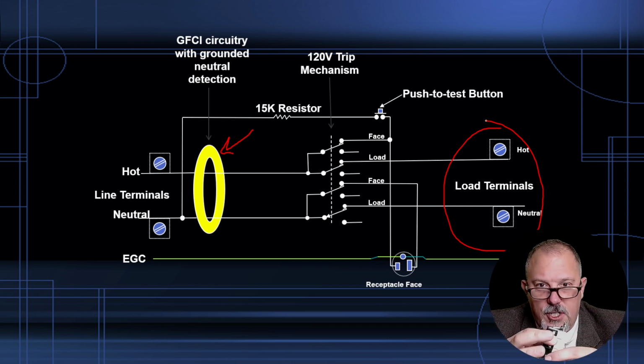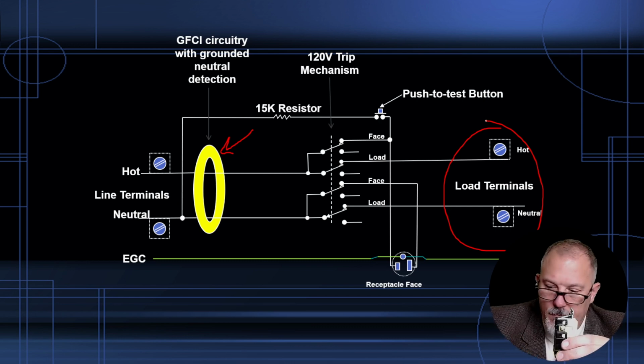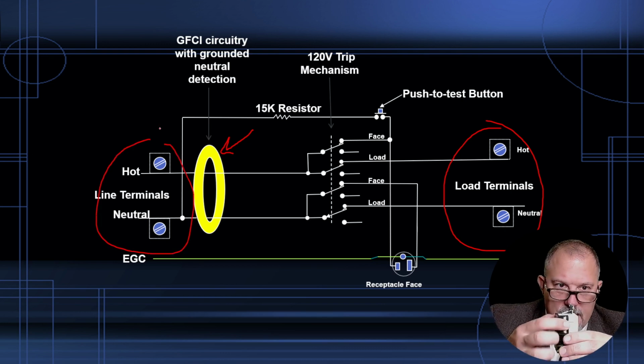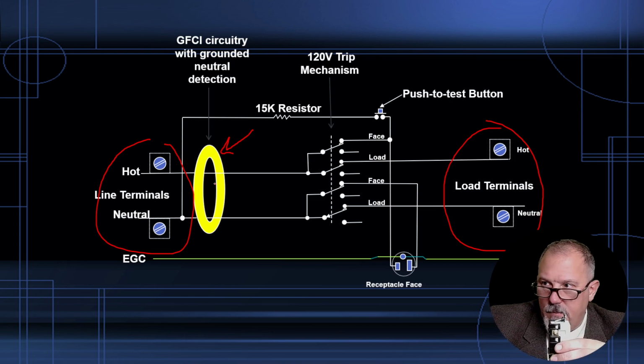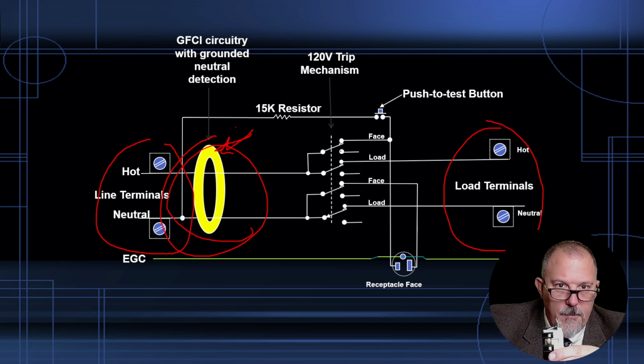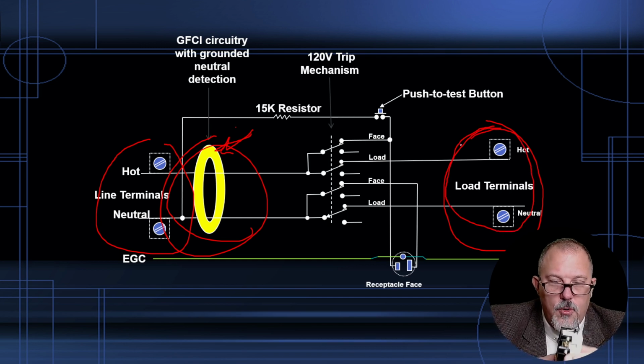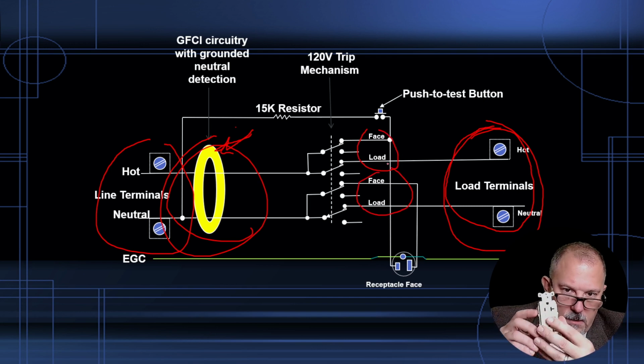So this is your line. This is the upstream. That's these terminals right here. That's up here. The sensor is in between. So that sensor makes sure that it provides GFCI protection for what's connected at the hot and neutral load terminals and at the face blades here and here.